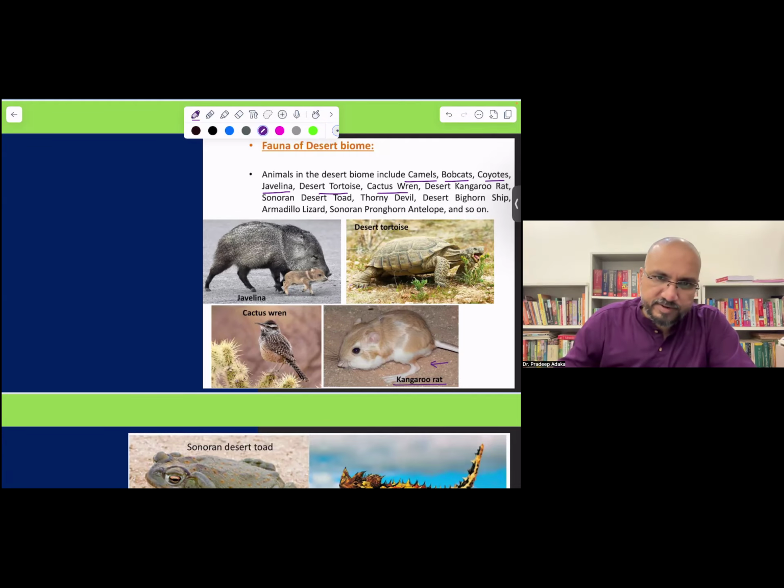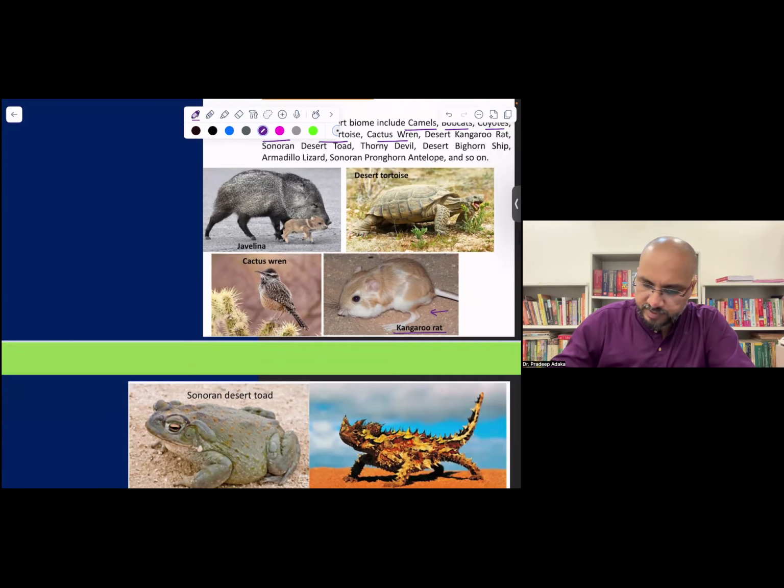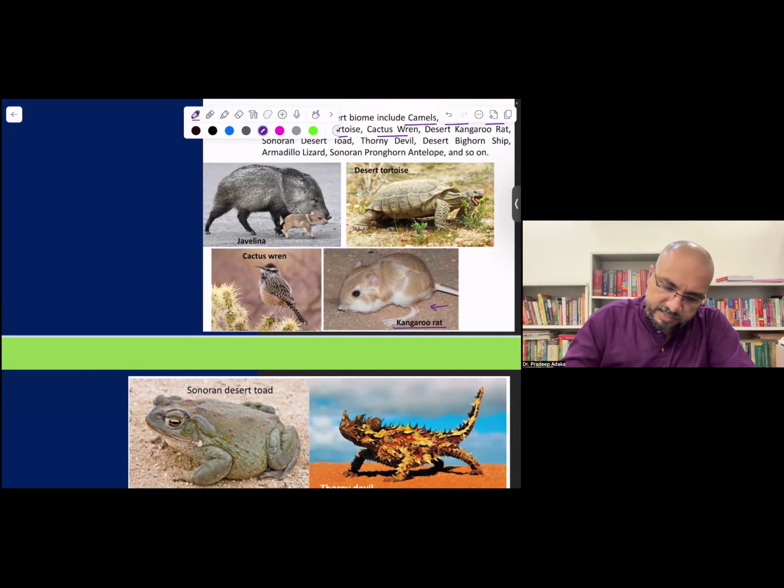So again, you have different types of animals. Some of the animals here I have shown in the picture. So you have javelina, desert tortoise, kangaroo rat, cactus wren. It is sitting on the cactus. You can see this bird.